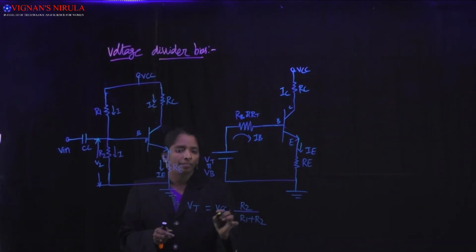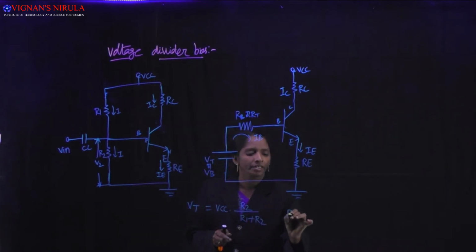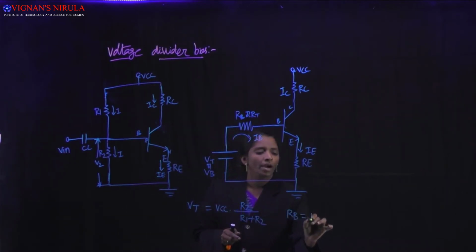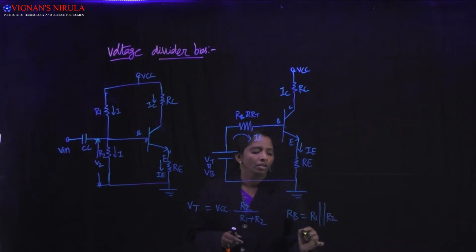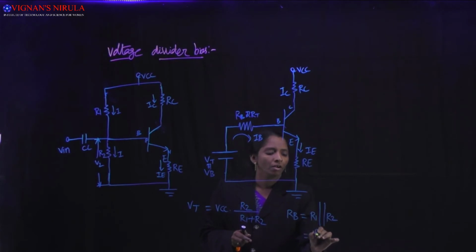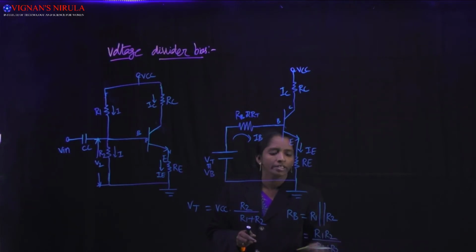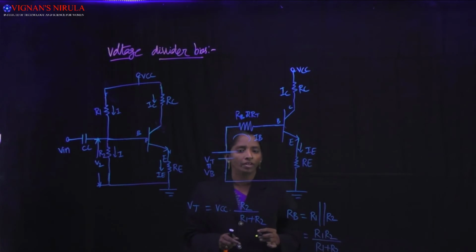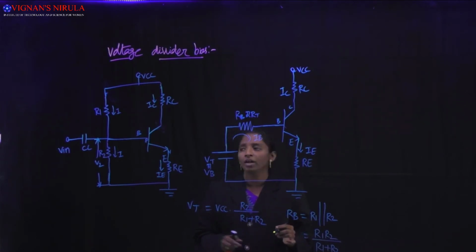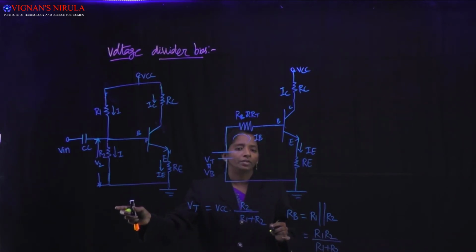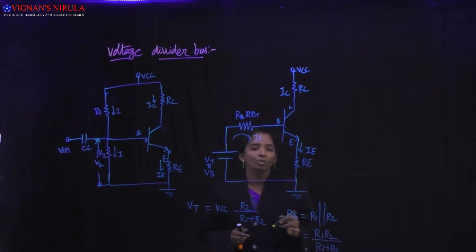The total resistance RB equals the parallel combination of R1 and R2, that is R1 into R2 divided by R1 plus R2. This is the Thevenin's equivalent resistance of the voltage divider circuit.